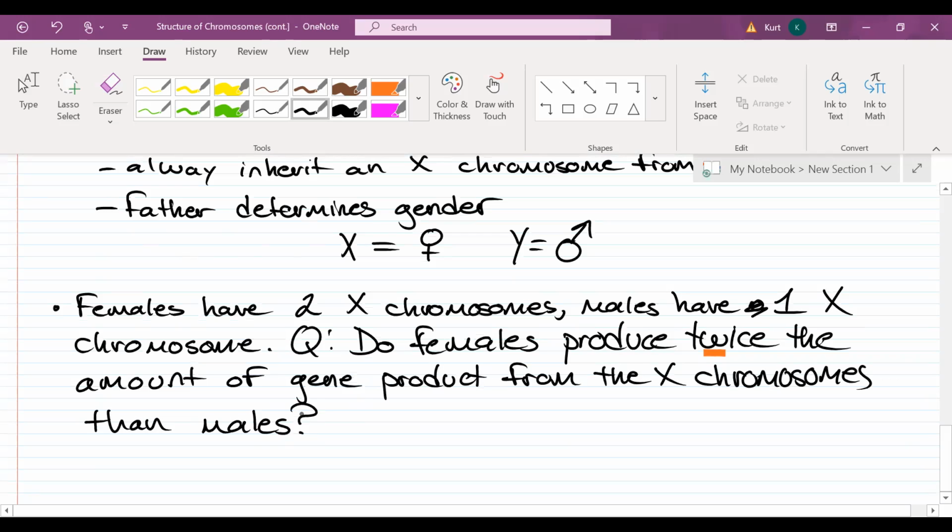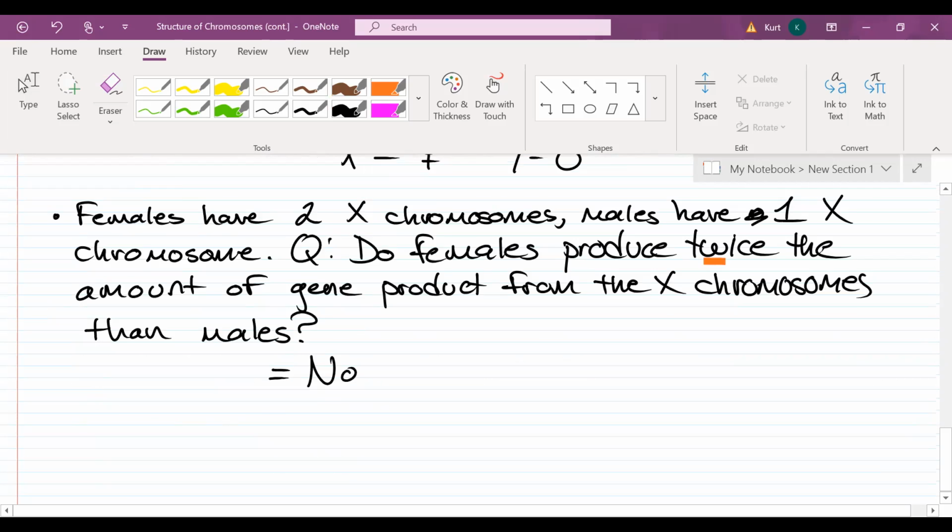So all the ladies have 2 X chromosomes, all the males have 1. Do girls make twice as much product that the X chromosomes are responsible for? No, you do not. The answer is no. I will tell you why momentarily.